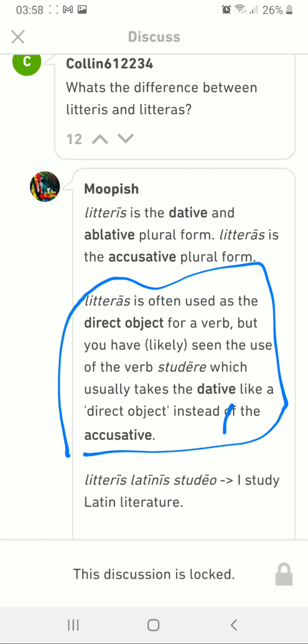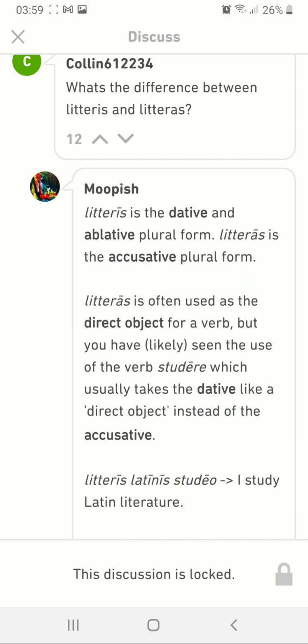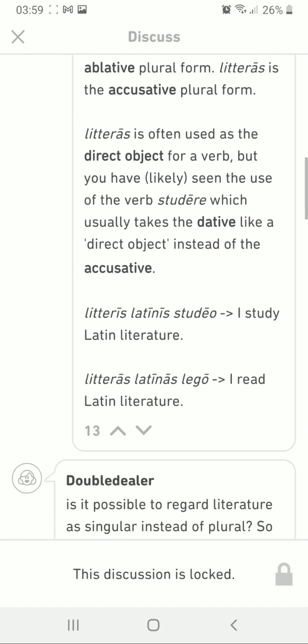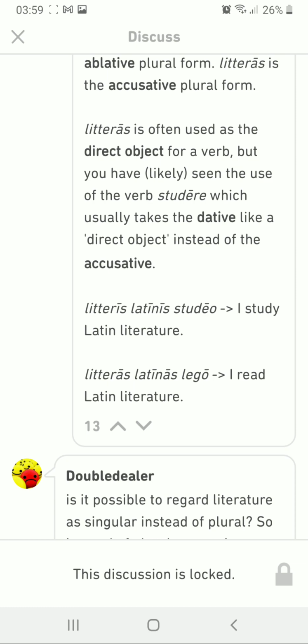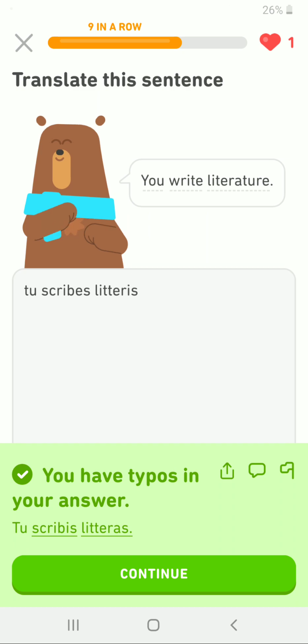Certain verbs in Latin, like in other languages, behave differently, and they take different cases. So these exceptions make learners' life just hell, because you have to look for the explanation, you have to try to understand.